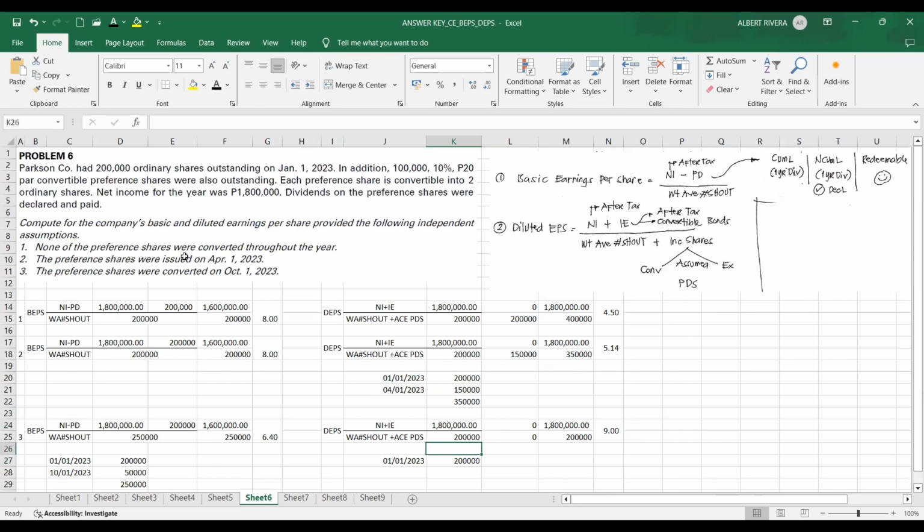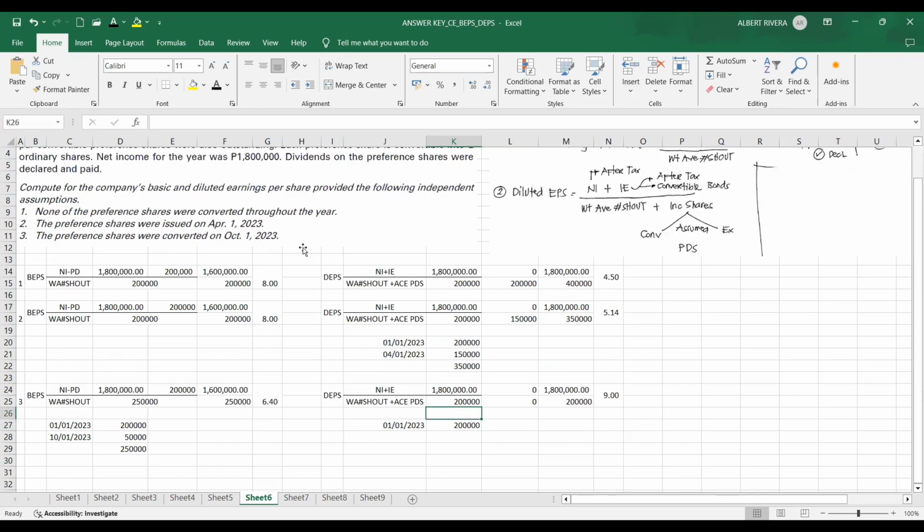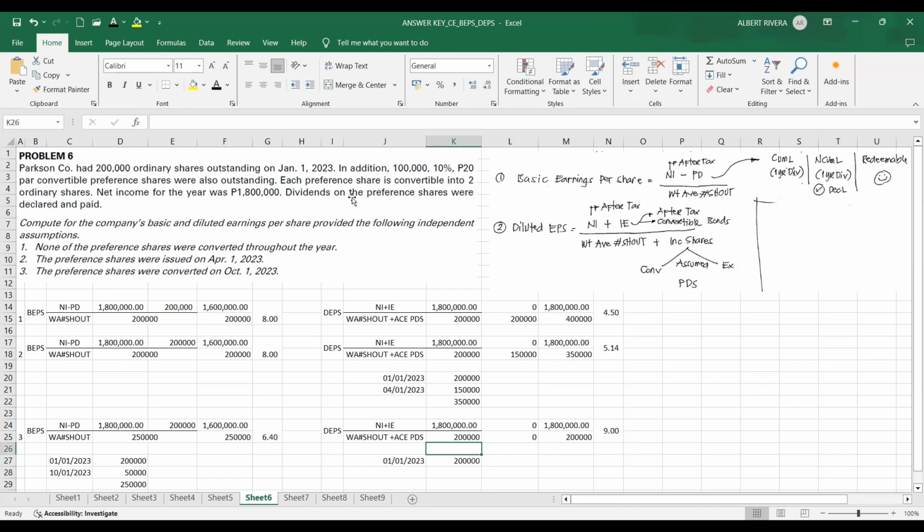Then, the preference shares were issued when? The preference shares were issued January 1. Okay? So, ibig sabihin, class, your denominator would be, this is 200,000. Then, that is an assumed conversion. Okay, the assumed conversion took place when?